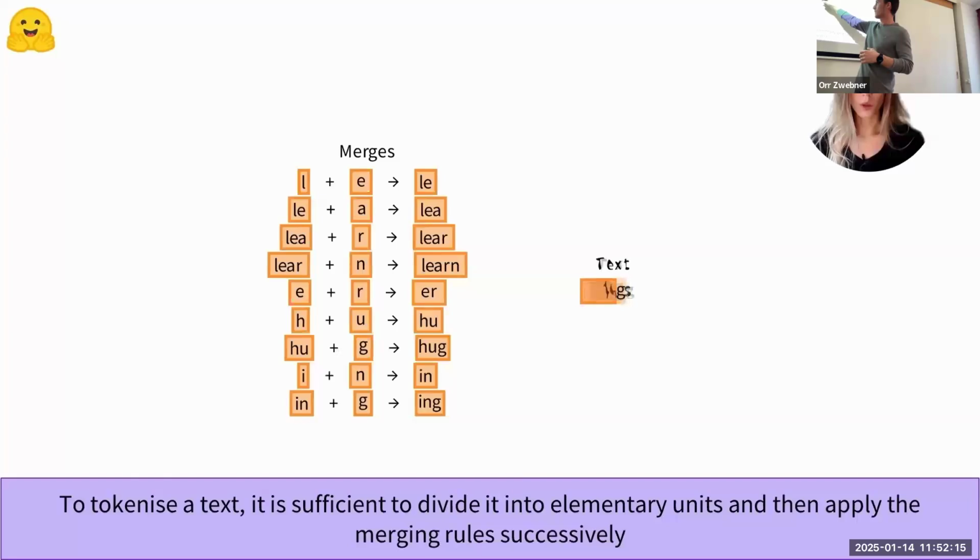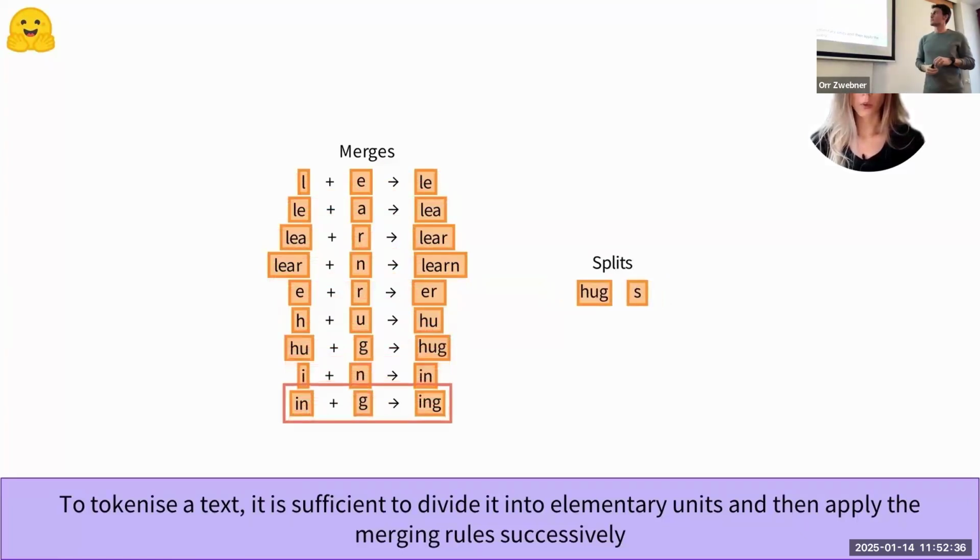So I take a text, for example, hugs, and I check, in the same way I constructed the vocabulary, what is the most frequent order of characters. In that case, you see, okay, HU is in the vocabulary, HUG is also, it merges until it doesn't recognize a merge token.